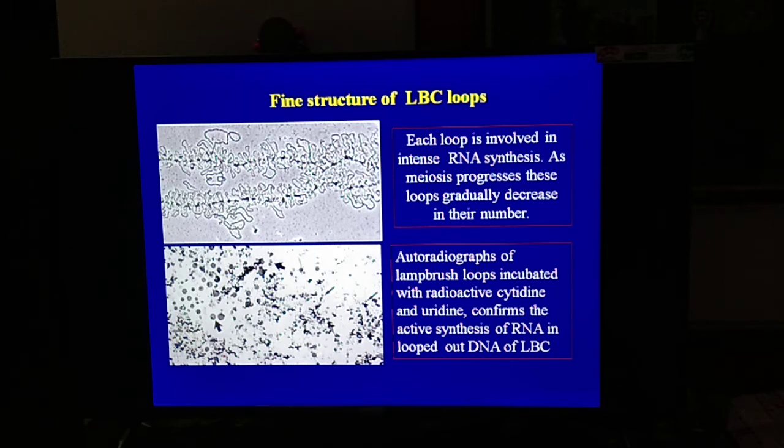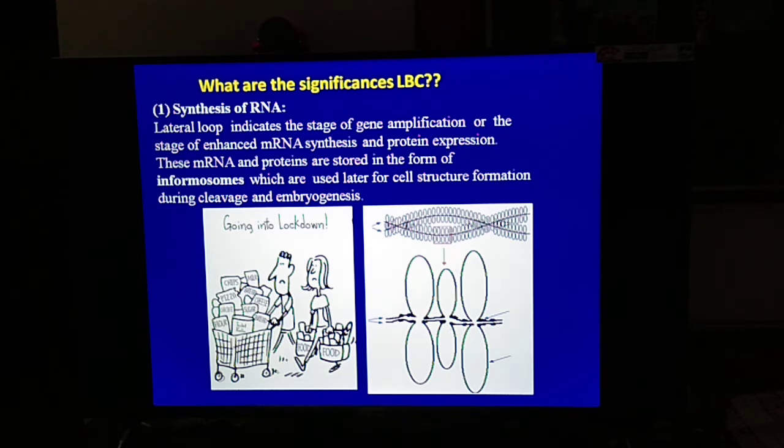Autoradiographs of loops incubated with radioactive cytidine and uridine, these are the precursors of RNA bases, confirm the active synthesis of RNA in looped out DNA of Lampbrush chromosomes. What are the significances of these Lampbrush chromosomes?